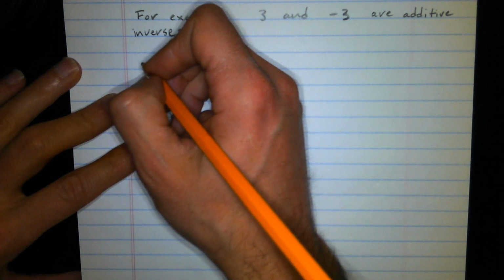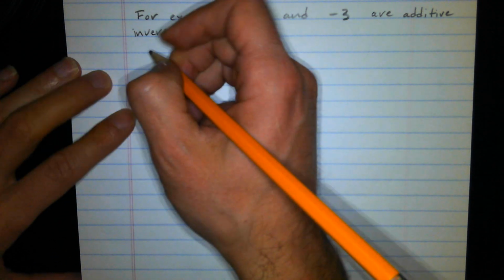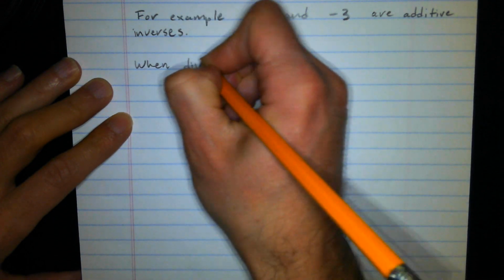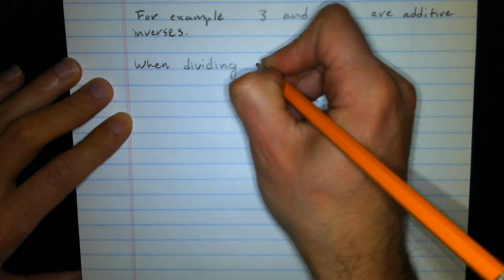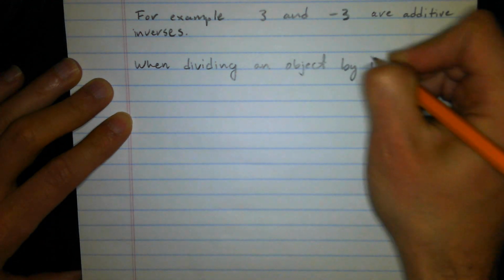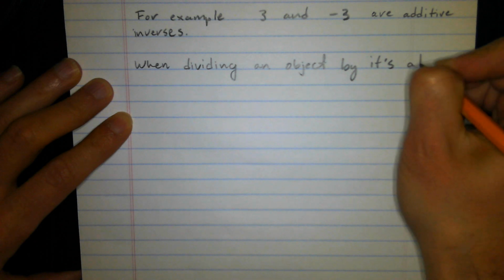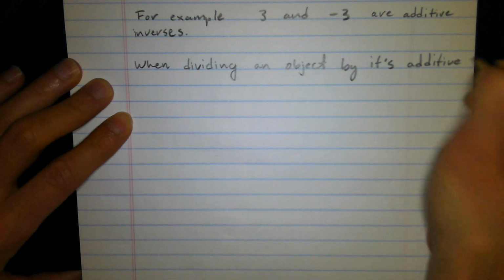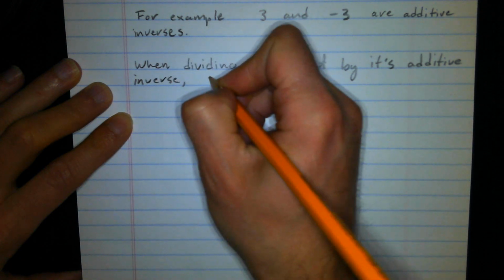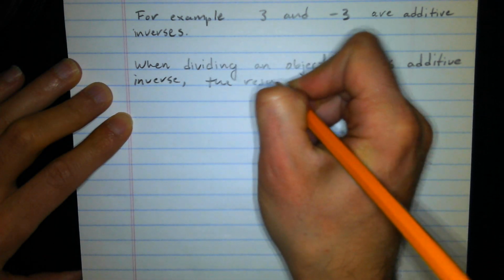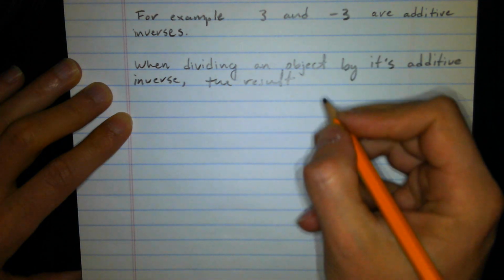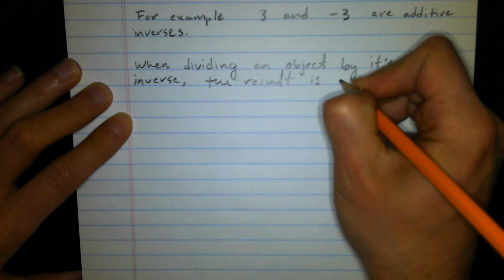Well, I'm sure there's many properties, but one in particular that we want to pay attention to is this. When dividing an object by its additive inverse, the result is minus 1.